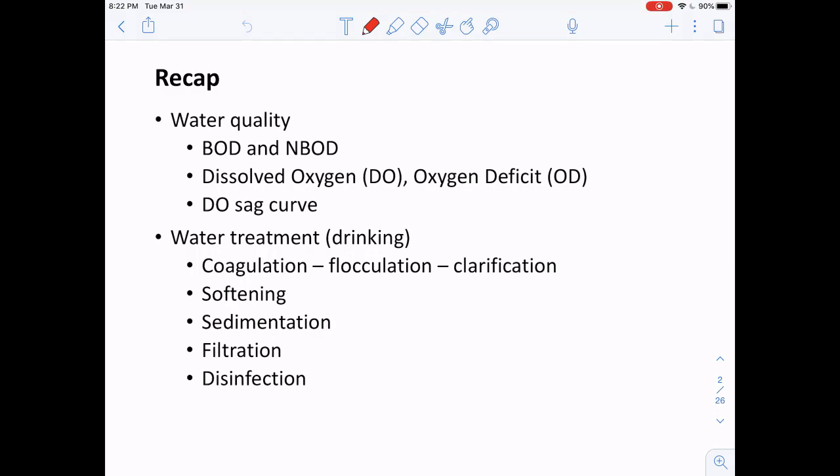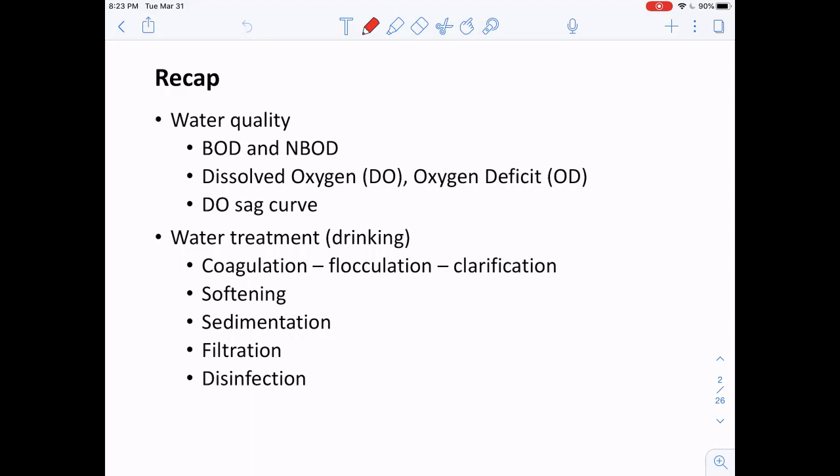We also mentioned the NBOD, the nitrogenous BOD. And we mentioned the concepts of dissolved oxygen, which is DO, and oxygen deficit. We use the oxygen deficit, or the OD, to solve for the DO sag curve, right?